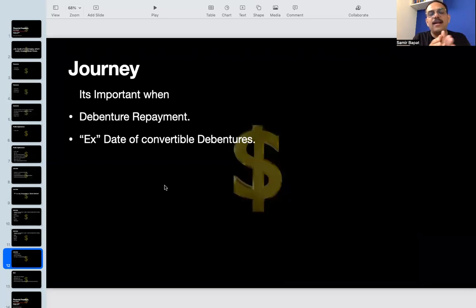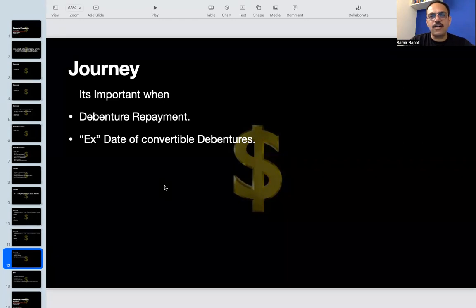Then there are convertible debentures. Earlier, it was a very prevalent practice. I have not heard of it lately. Convertible debentures. So whenever the date of debenture maturity comes, they will get converted into the shares of the company.